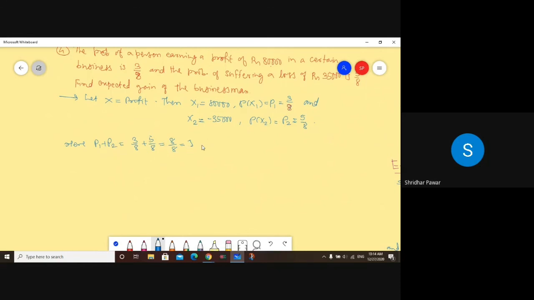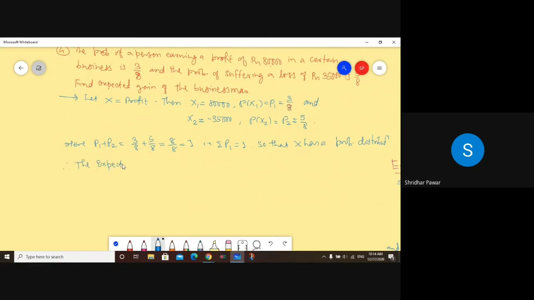Probability चं बेरीज काय आलं? 1. That is sigma pi is equal to 1, so that x has a probability distribution.